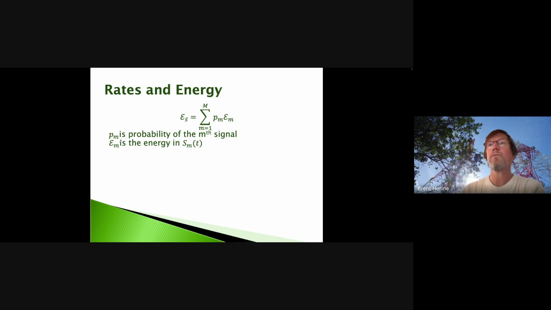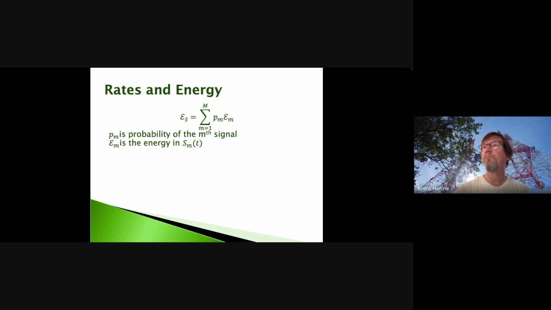Here we can start to introduce our probabilities back into things, and look at the probability of some symbol or signal being sent.